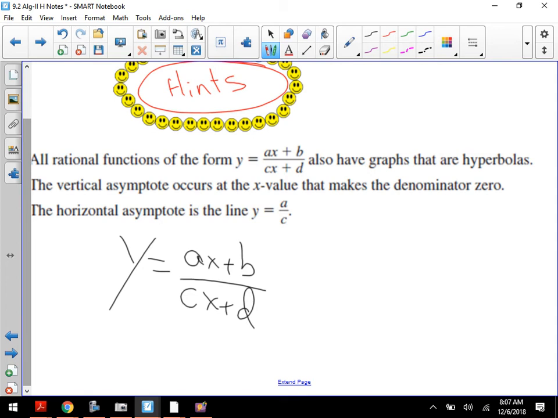Horizontal asymptote is at y equals a over c. The vertical is at the 0 of the denominator. Just like always, whatever makes the denominator 0 is going to be your vertical asymptote. Whatever the 0 denominator is always your vertical asymptote.